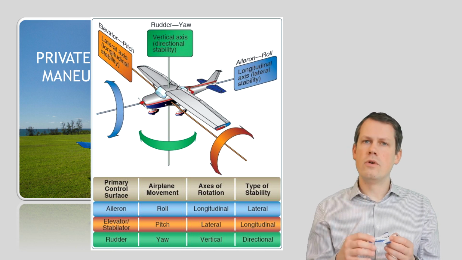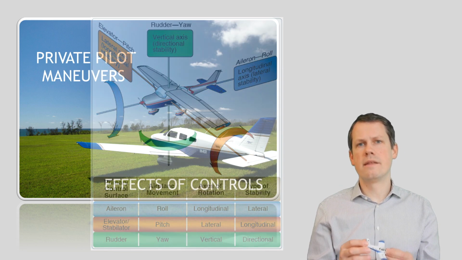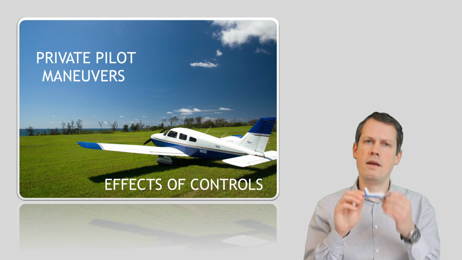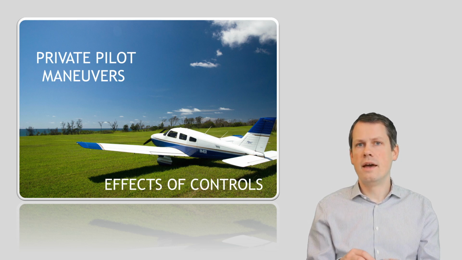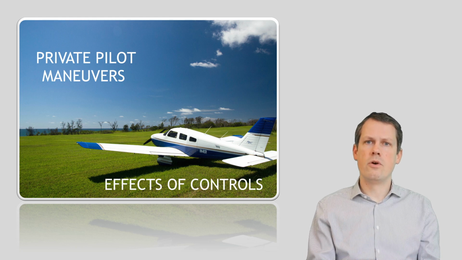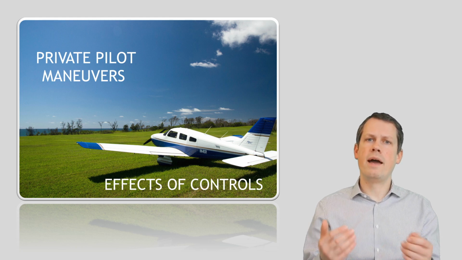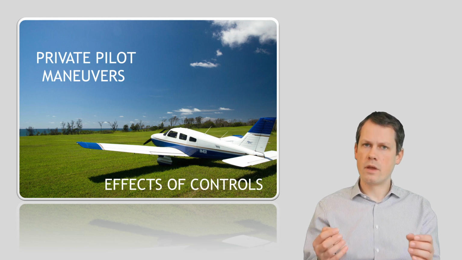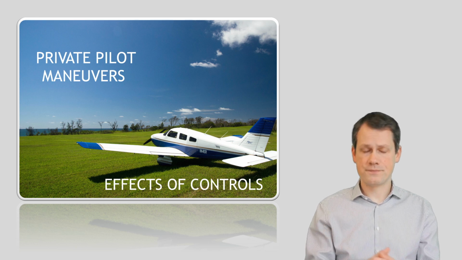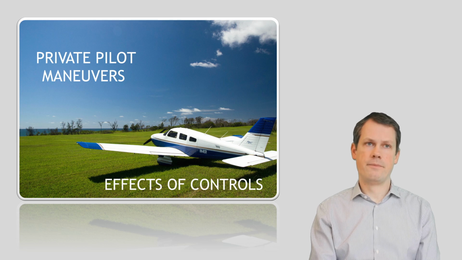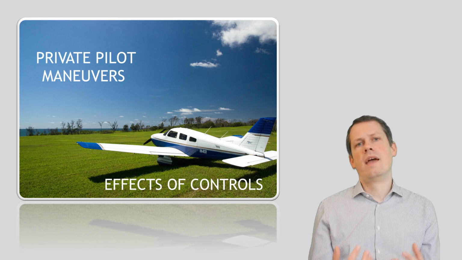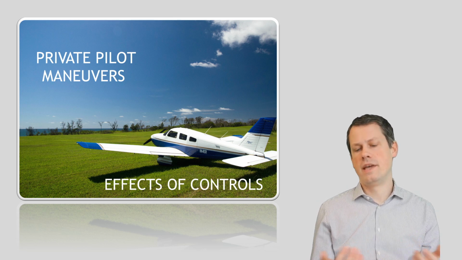Now, to smoothly control an airplane, it's not that important how much the control surfaces are deflected. It's all about pressure. So you steer the airplane by applying just that much pressure on the flight controls so that you obtain the desired result. So a feel of the airplane is very important, and that comes with experience.